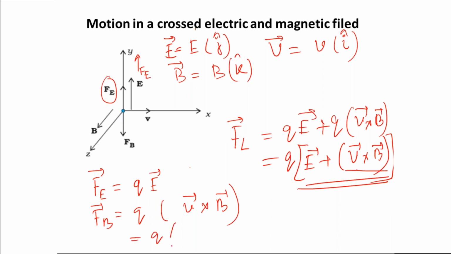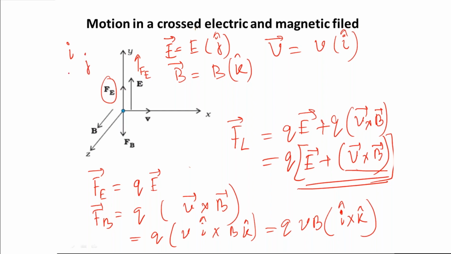So QVB I'll bring out, and I have to take the cross product I cross K. I know the cyclic rule I, J and K, so I should go in this way. But here I have I cross K, that means I am going in the opposite direction, so I'll get J but with a minus sign.